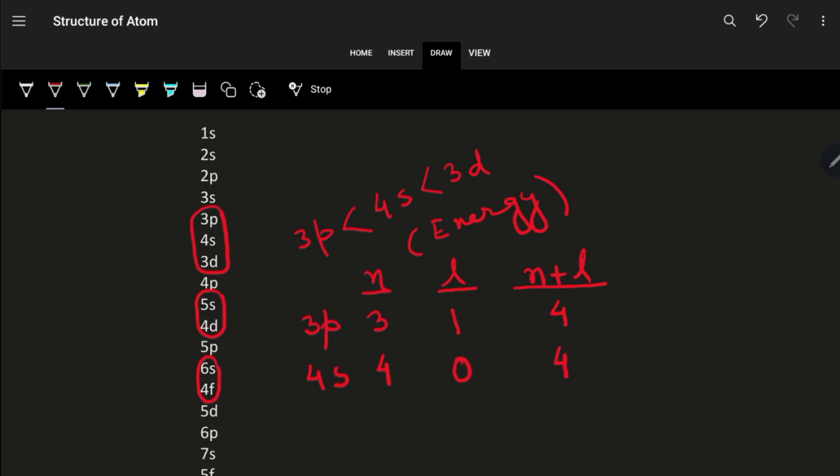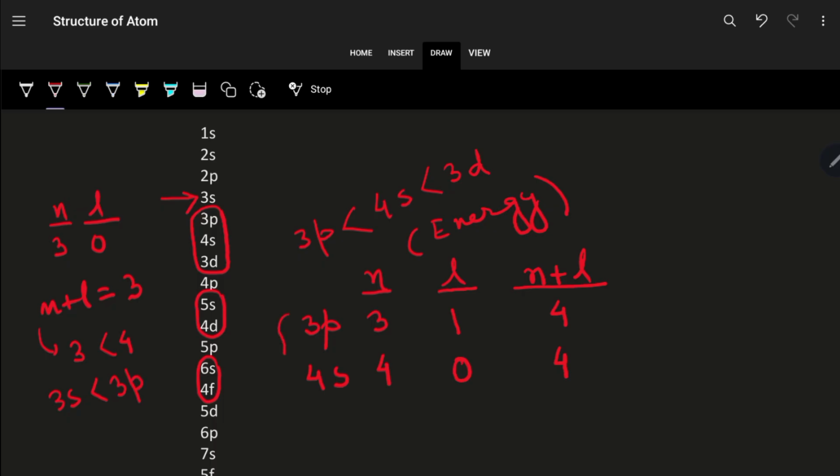So I said that orbitals having lower value of n+l will be filled up first. What happened in 3s? In 3s, n is equal to 3 and l is equal to 0, and so n+l was equal to 3. So 3 is less than 4, n+l. So for that reason, 3s was having lower energy than 3p. So there was no problem.